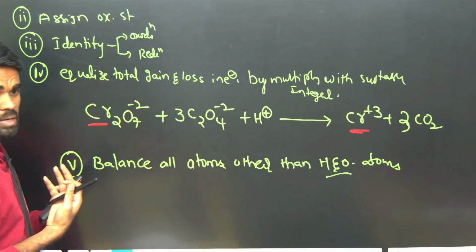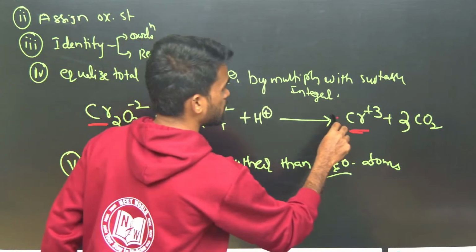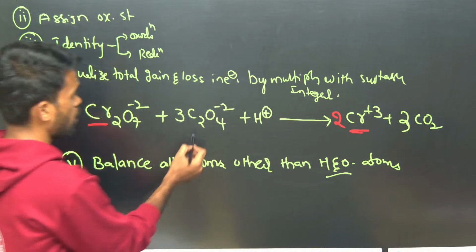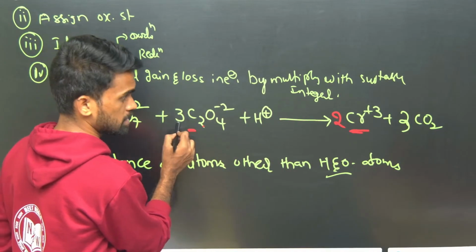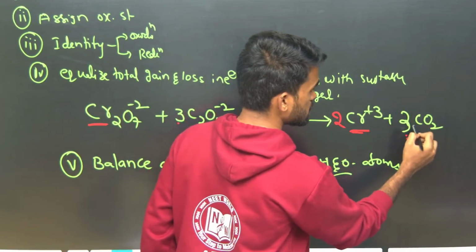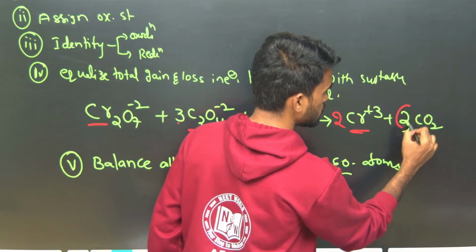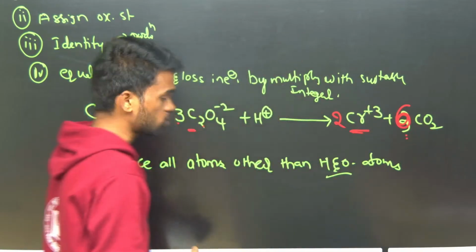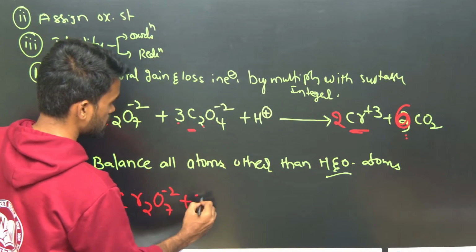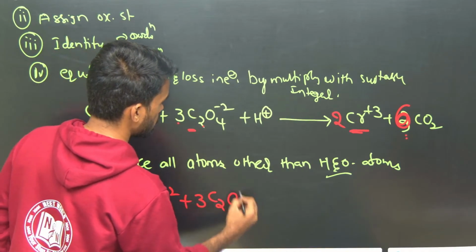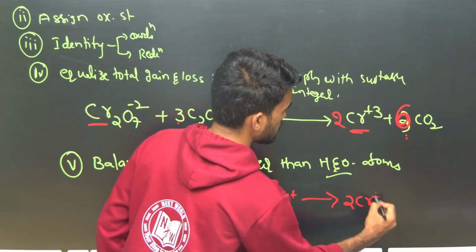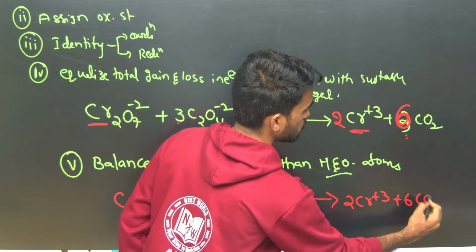So we can balance by multiplying with 2. Next, how many carbons are there here? 6. Here also 6, since it is 3 times 2. So the equation is Cr2O7 2- plus 3 C2O4 2- plus H plus giving 2 Cr 3+ plus 6 CO2.